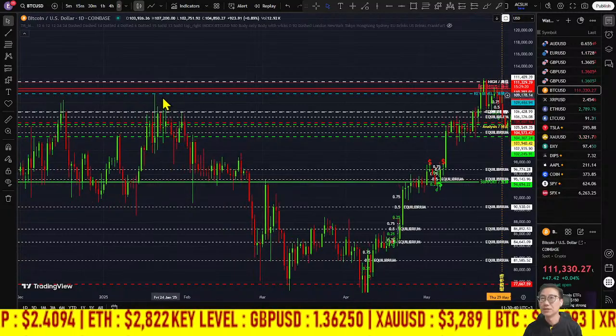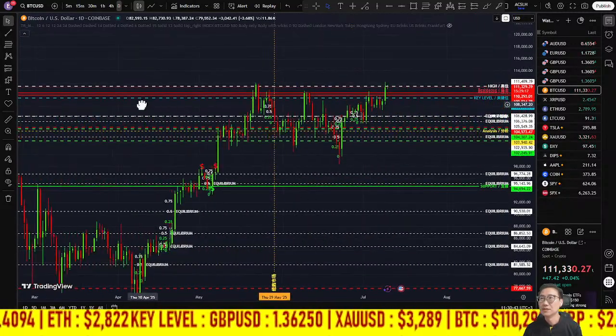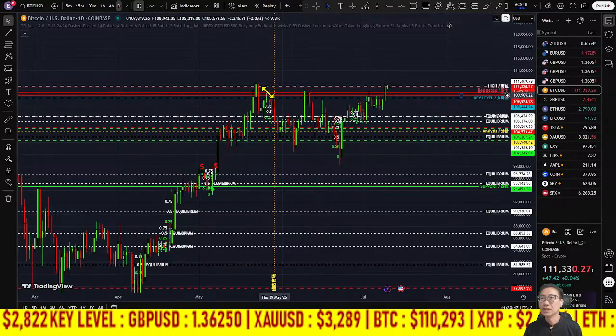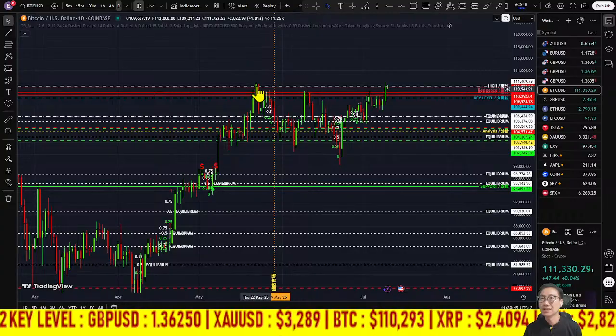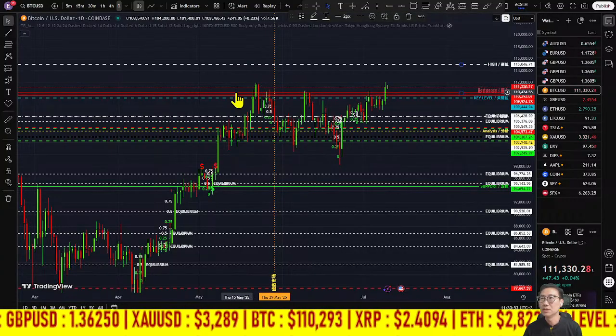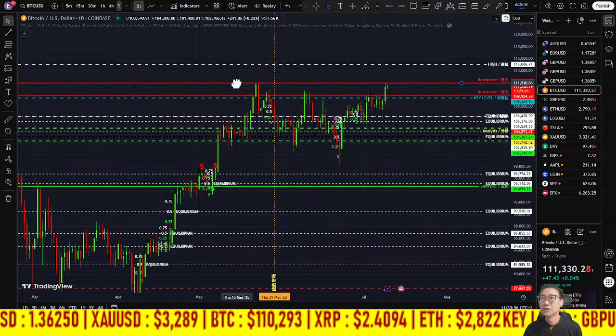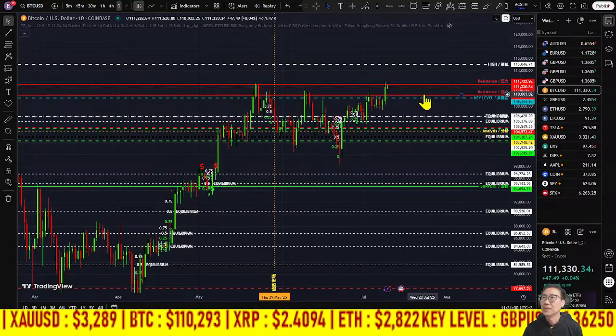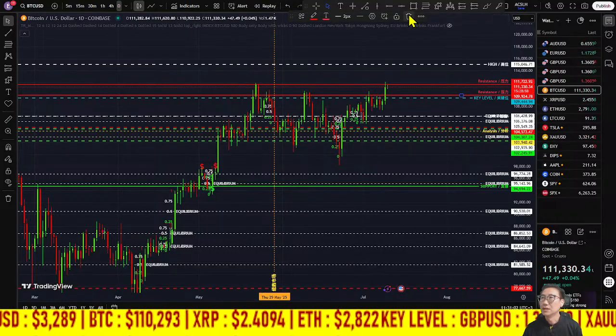It has actually broken the resistance over here, as we can see, at this point here. Well, no, sorry, it actually broke this and tested onto this area here. So I should place my resistance away from here. This will be the area of resistance. I'm going to delete this just in case.